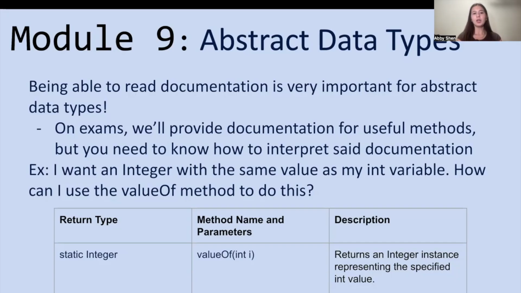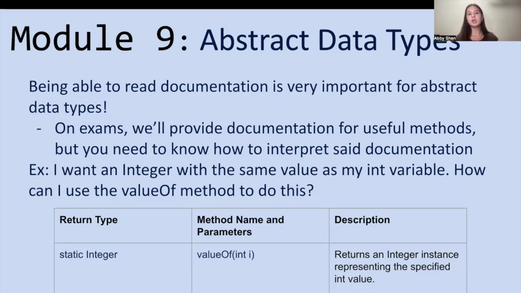As an example, let's say I want an integer with the same value as my int variable. How can I use the valueOf method to do this? Let's say that this text at the bottom of the slide is the documentation, because this is what the documentation might look like. You need to know how to interpret this, like the return type, the method name and parameters, and description, and then you should be able to know how to use this method.